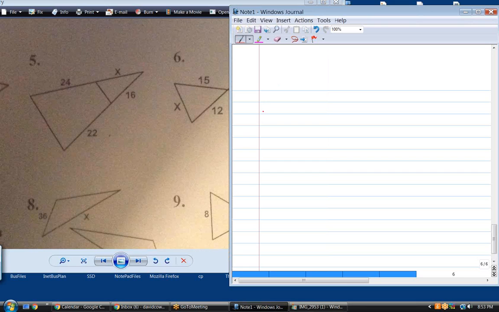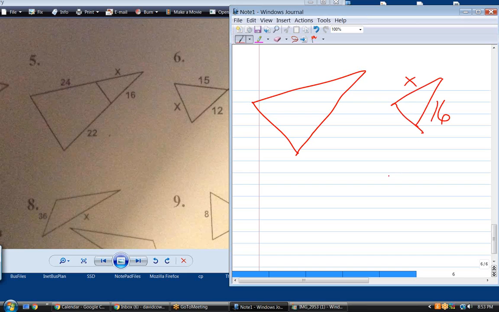And again, I'm going to do this just for clarification because it's easier to do these when they're separated. There's the two triangles. X, that's 16. This is what? 24. And then plus x.